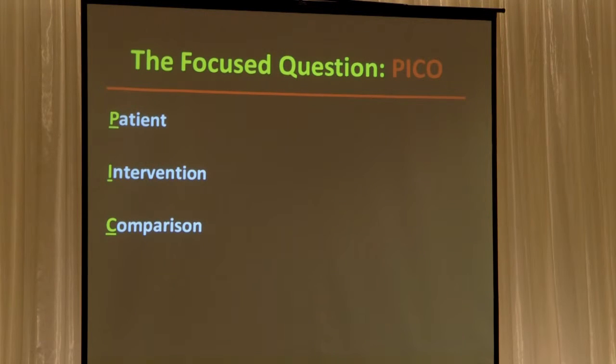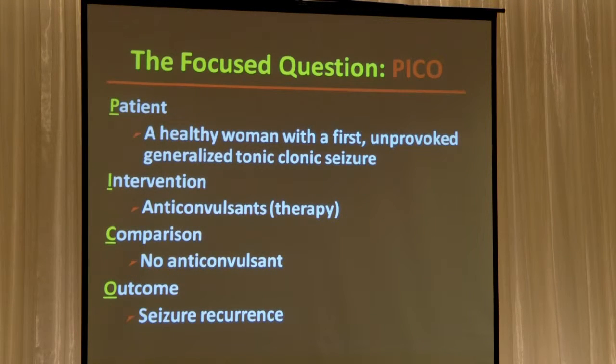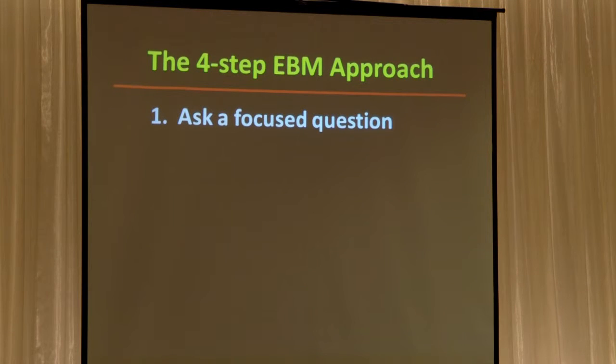Sure. No treatment. And an outcome? Yeah, you can think of a lot of recurrent seizures, seizure-free outcome, how many people have seized after 1, 2, 5 years, a whole bunch of potential outcomes. Okay, so does that sound like what you came up with? So that's really the first step. We've asked a very focused, answerable question.